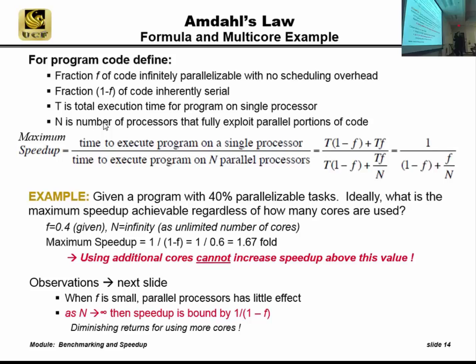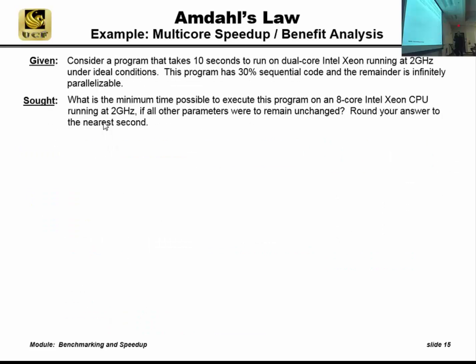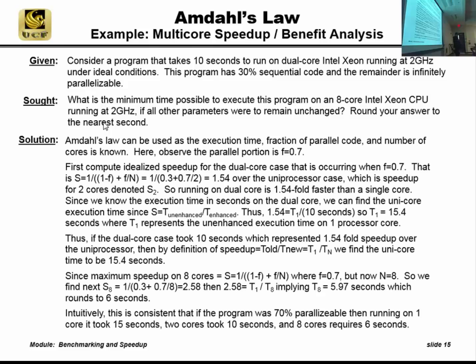So we have to back out, because what we have in Amdahl's law was the time on a single processor. What was given in this problem? Dual core. So we have to go from dual core to single core to figure out what the execution time was on 1 core, and then from 1 core we can go to 8 cores. Why? Because Amdahl's law is based on the uniprocessor case.